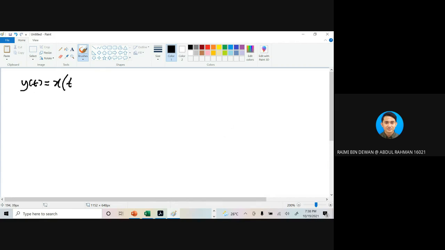Then straightly you just write like this, t minus t naught, so that it is easy for you to distinguish whether this one is time delayed or advanced, in other words, whether it is shifted to the right or shifted to the left. So here you make a separation, an individual bracket.